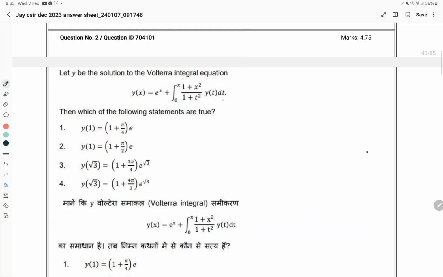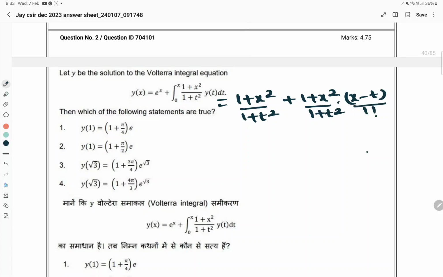Therefore, already we found out K1(x,t). It is 1 plus x square by 1 plus t square. K2(x,t) is 1 plus x square by 1 plus t square times (x minus t) by 1 factorial. K3 is 1 plus x square by 1 plus t square times (x minus t) the whole square by 2 factorial, plus dot dot dot.